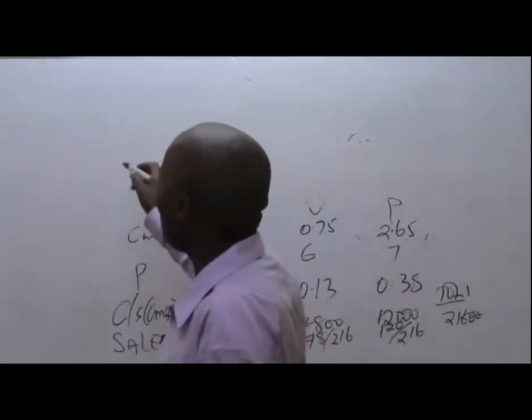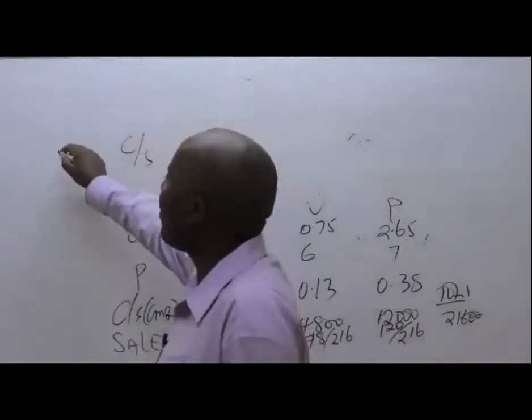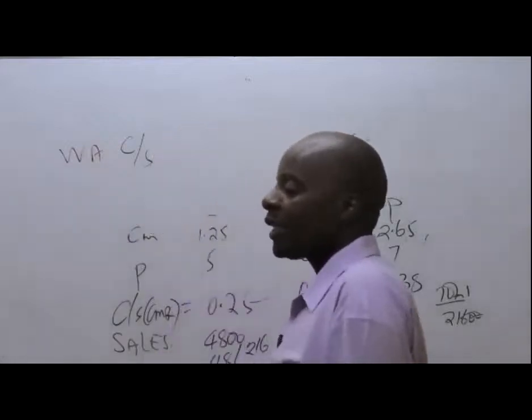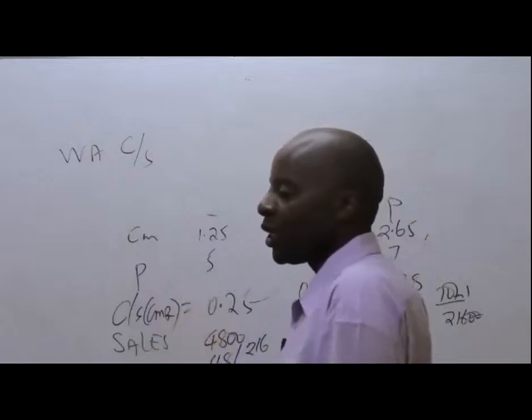What they want us to do is basically to give them the CS, the weighted average CS, the weighted average contribution to sales ratio, or WACMR, one and the same.